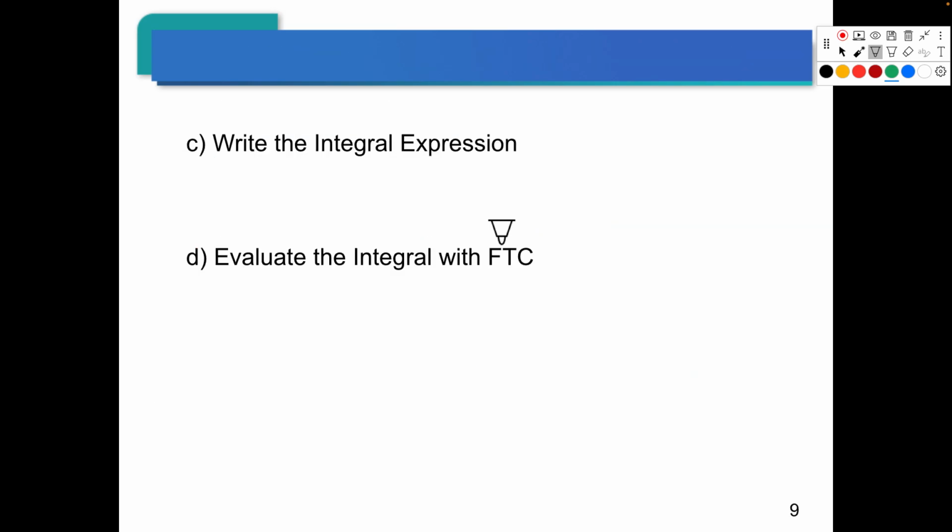Okay, so this is kind of that. Write the integral expression. Now it's not solve it, it's just to write it. We're supposed to evaluate it down in D. So what's the integral expression? That's the integral. We're going from -2 to +2. Now is where we write the functions.